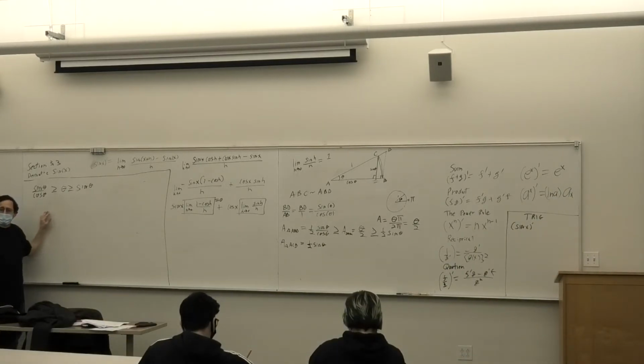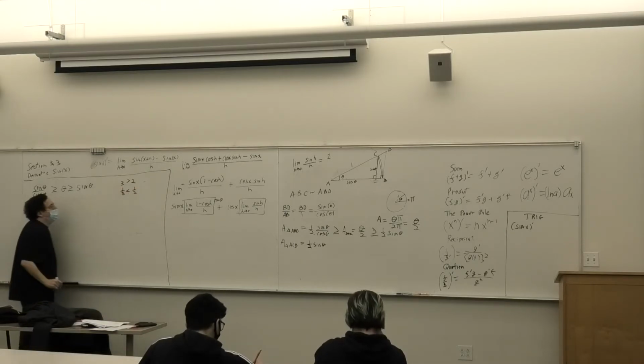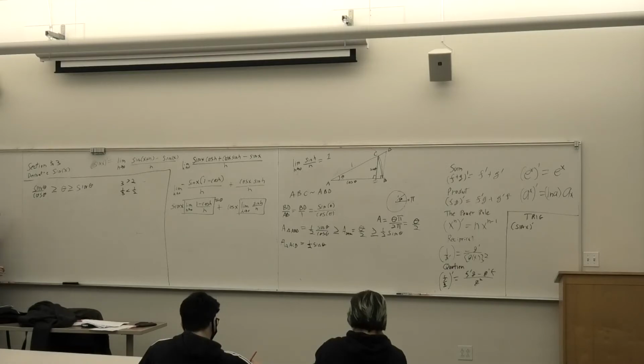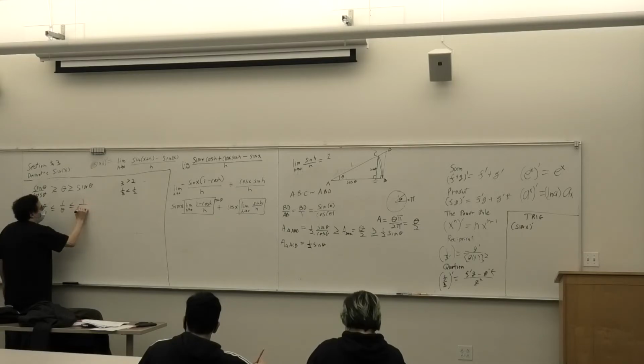So if I find their reciprocals, these inequalities are going to switch. Like 3 is greater than 2, 1/3 is going to be less than 1/2, right? So let's do that. Cosine theta over sine theta is less than or equal to 1 over theta, less than or equal to 1 over sine theta.